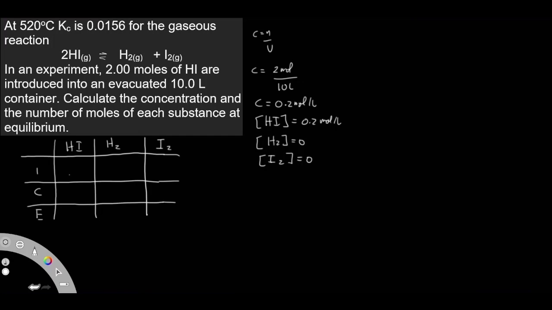So for our HI, it's going to be 0.2. Again, just a disclaimer that these are all moles per liter. For our H2, we don't know. For our I2, we don't know.